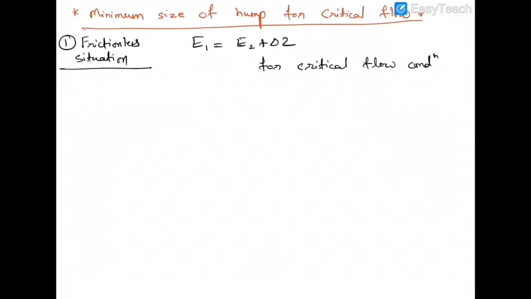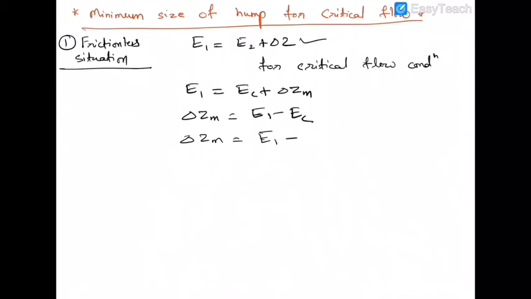For critical flow condition, this equation will become E1 is equal to Ec plus delta Zm. What is Ec in case of rectangular channel? That is 3/2 times the critical depth.